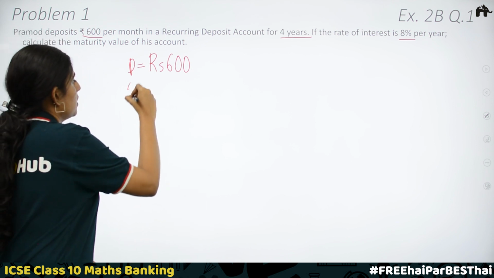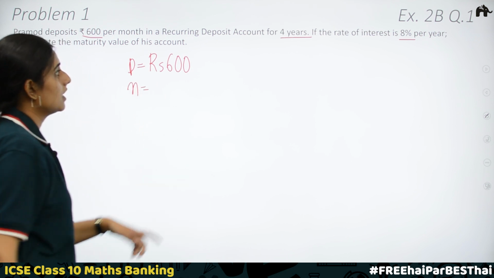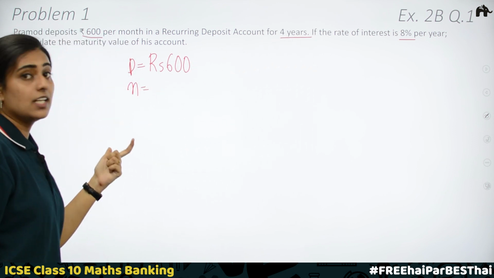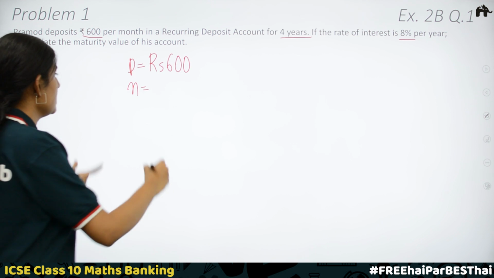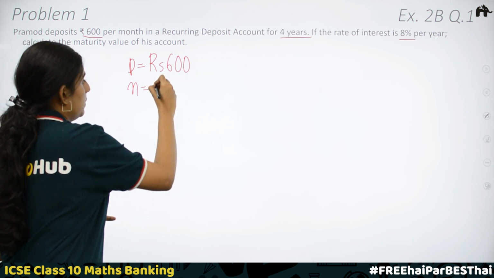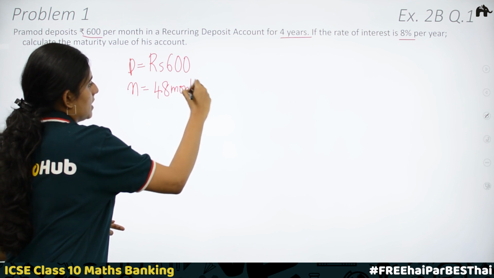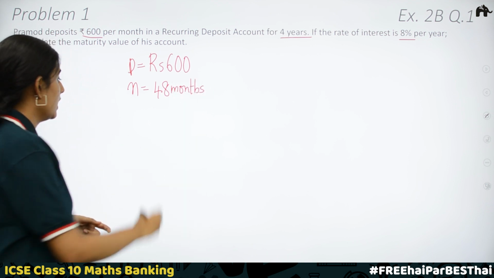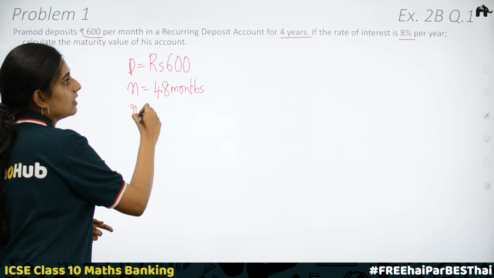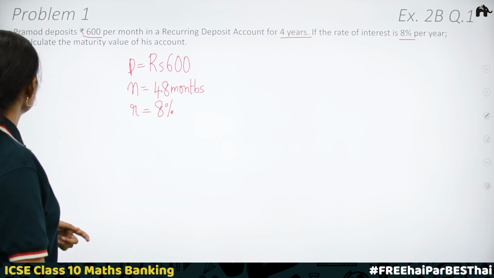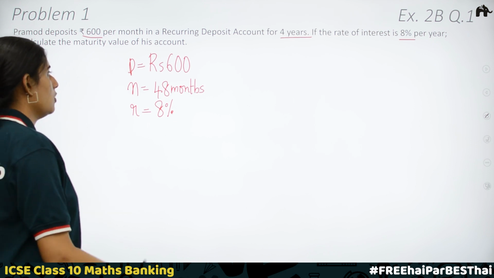Then number of years is given, that is 4 years, from which we need to find number of months, that is 4 years will be equal to 48 months. Rate of interest is given, that is 8%. Calculate the maturity value of this account.